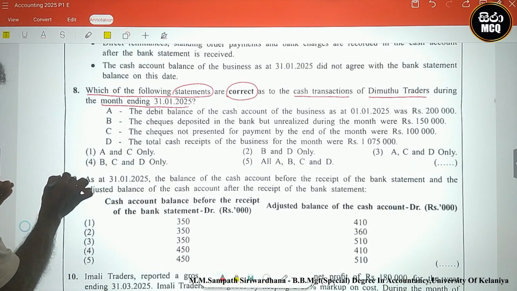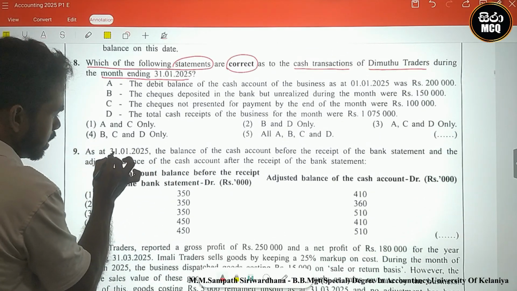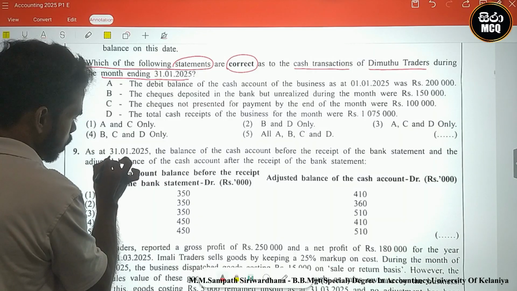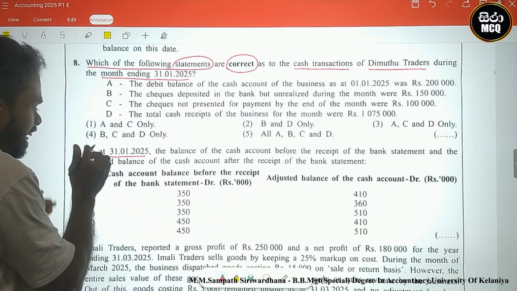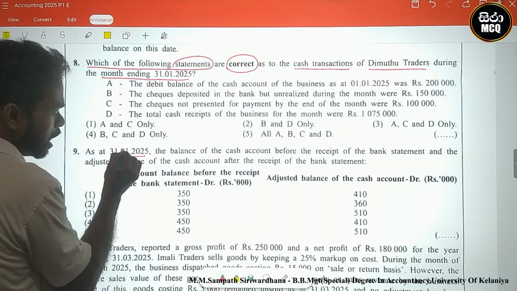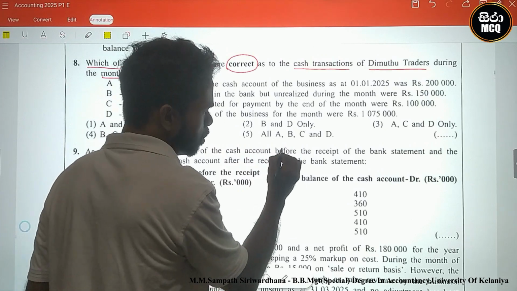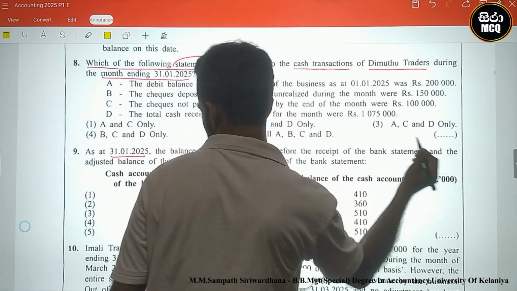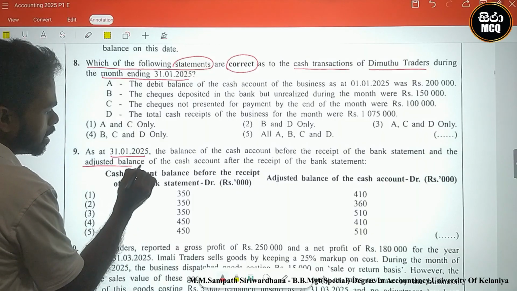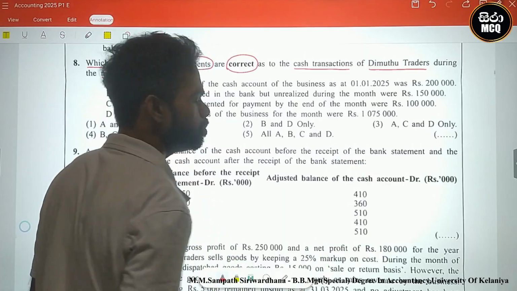Look here, I again read question number 9. As at 31st January 2025, this is the month end closing, the balance of the cash account before the receipt of the bank statement and the adjusted balance of the cash account after the receipt of the bank statement.